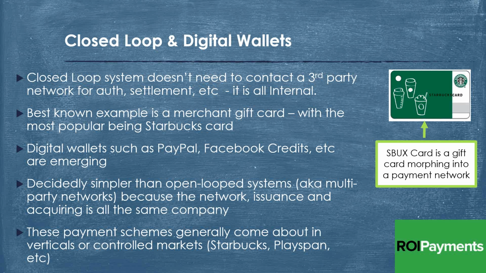So you will be able to use your Starbucks card to buy songs, purchase Wi-Fi, etc. Another closed loop or digital wallet would be PayPal. PayPal is by far the most widely used digital wallet in the U.S. as well as around the world.